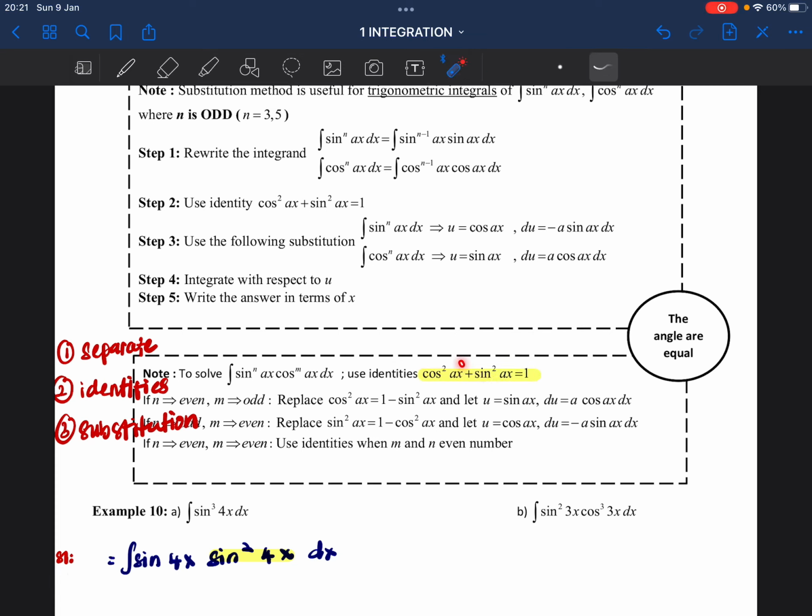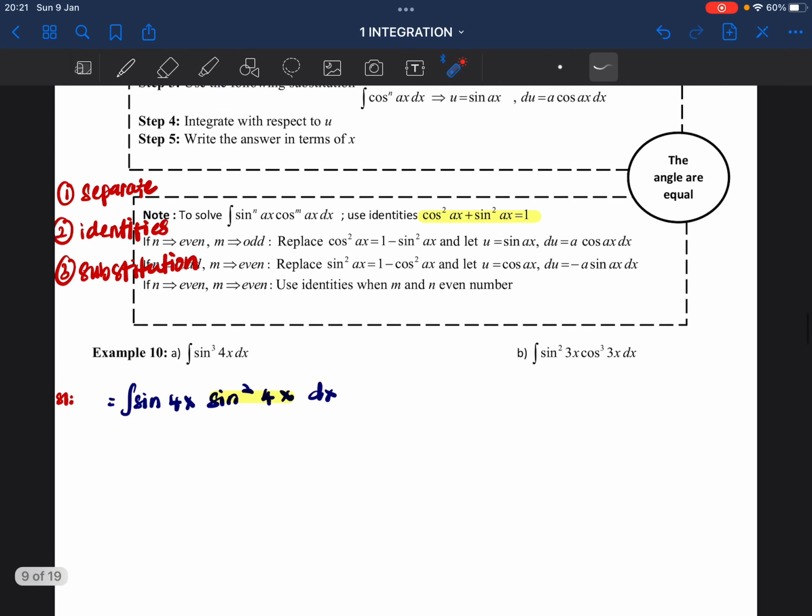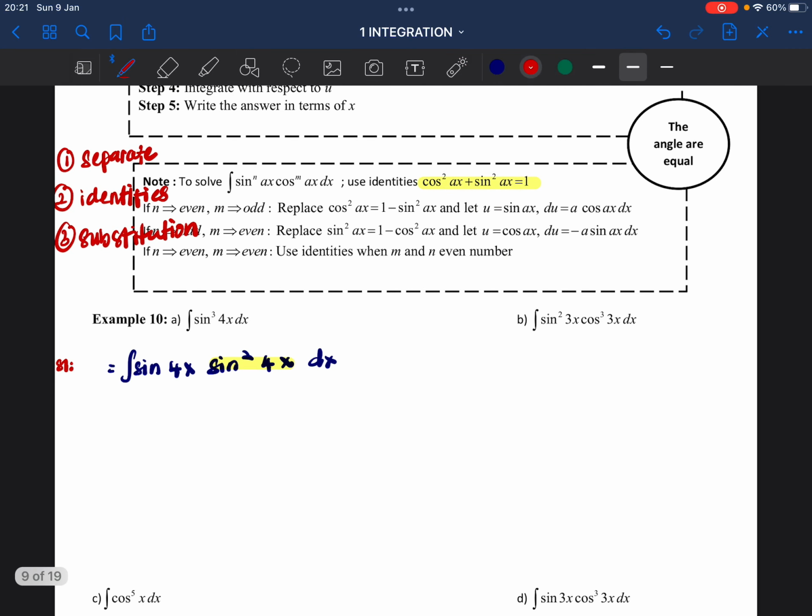It doesn't matter whatever angle here, we can still use it. So now we can change. That means sine square 4x becomes 1 minus cos square 4x. The yellow one is your identity.